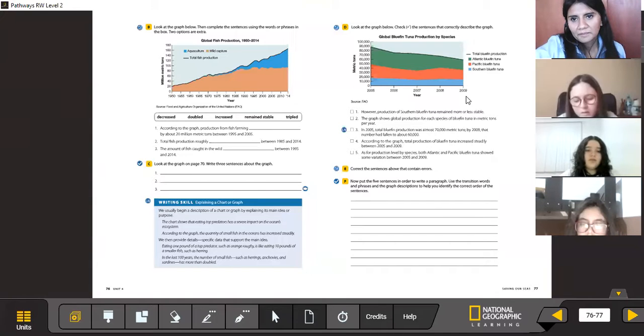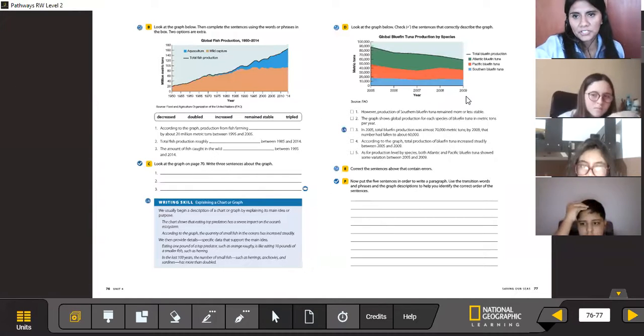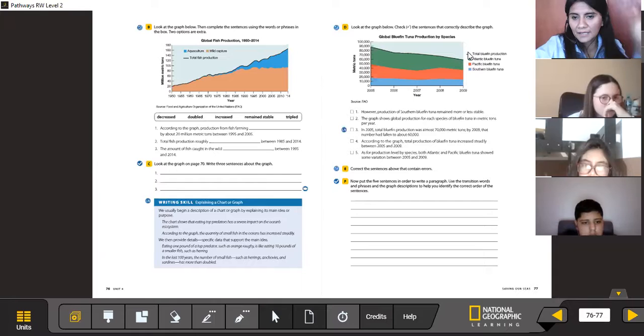It is global bluefin tuna production by species. Of course, very good. How many species? The Atlantic bluefin tuna, the Pacific bluefin tuna, and the Southern bluefin tuna. So that's why in that main idea we put species, no?